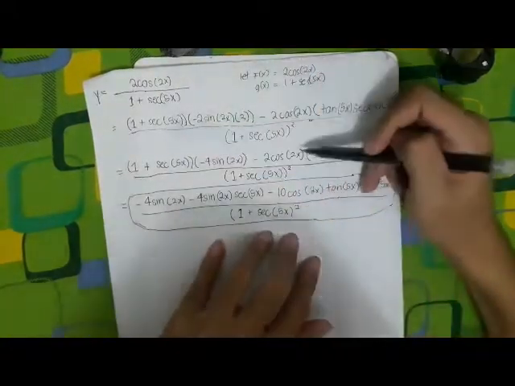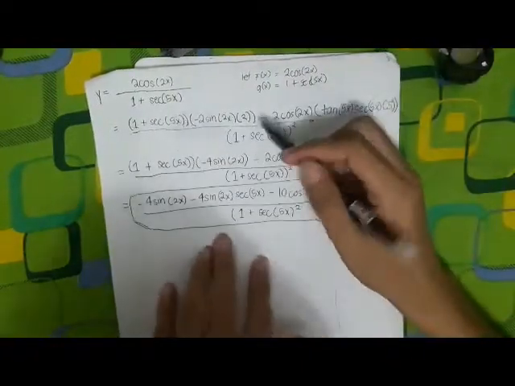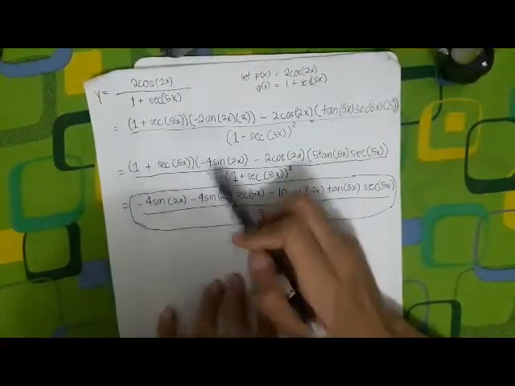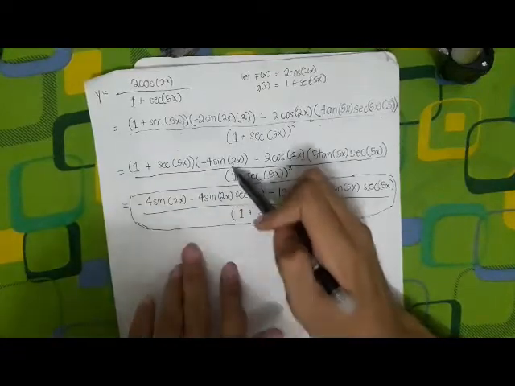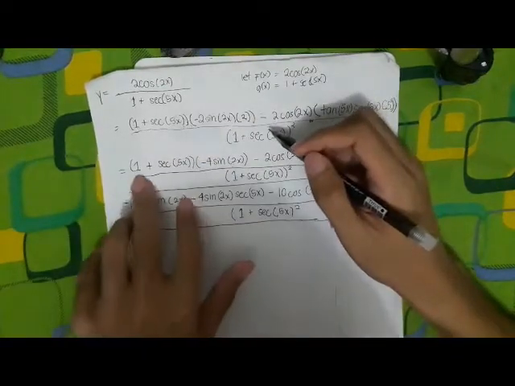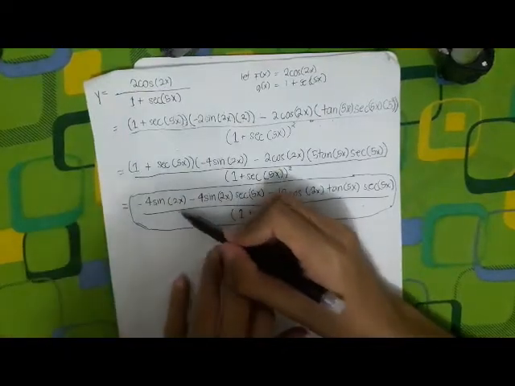So multiply each group, which is negative 4 sine 2x times negative times 1 equals negative 4 sine 2x.